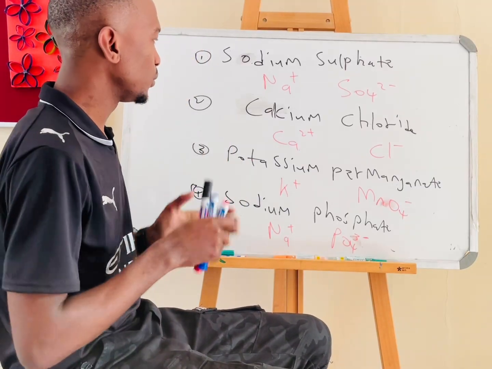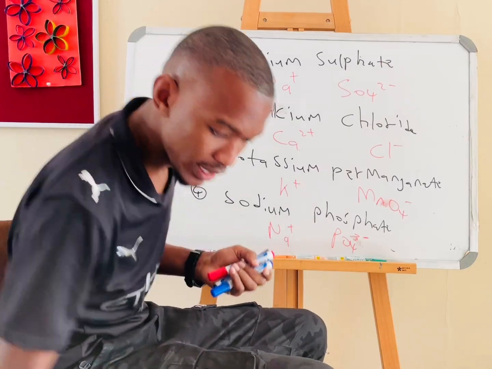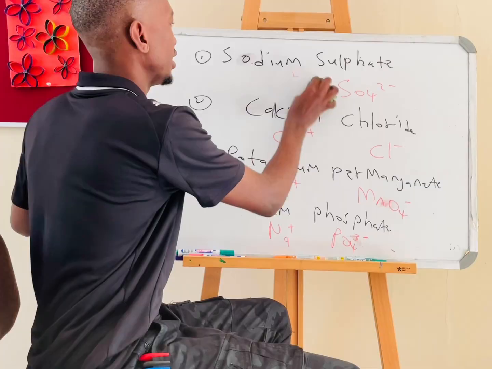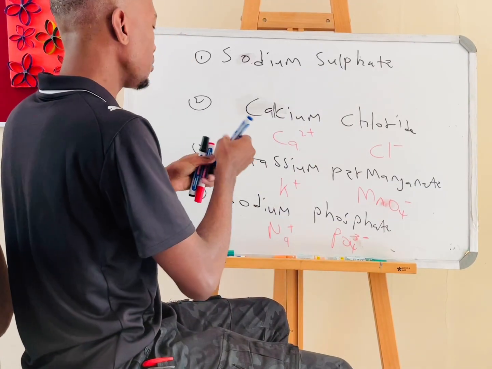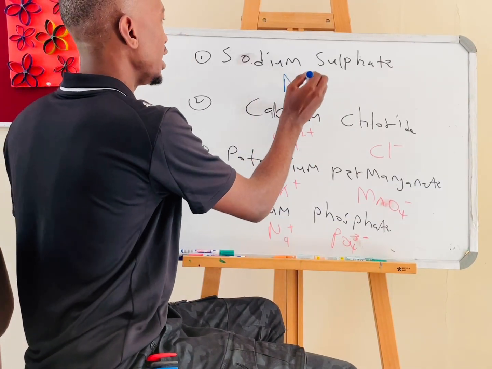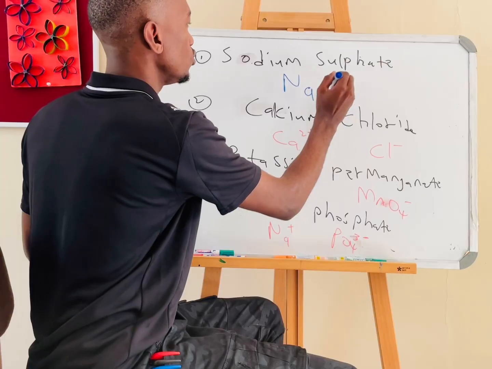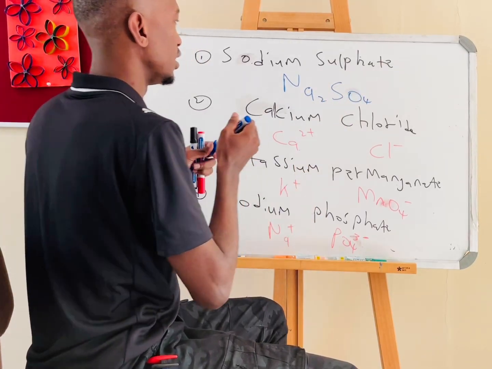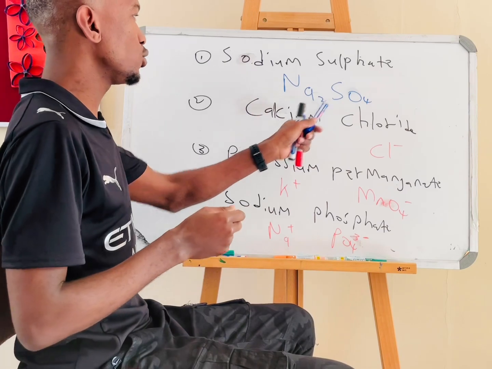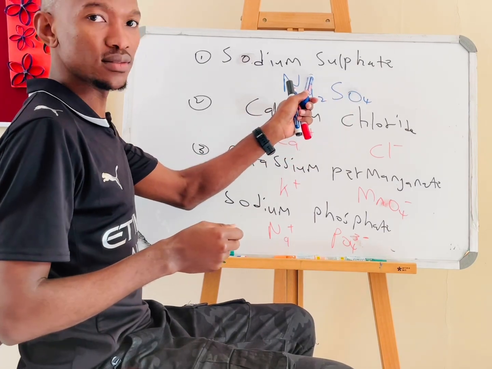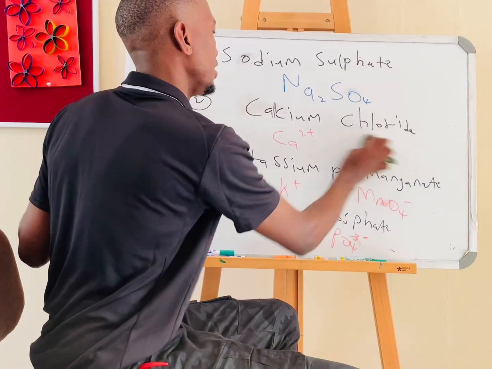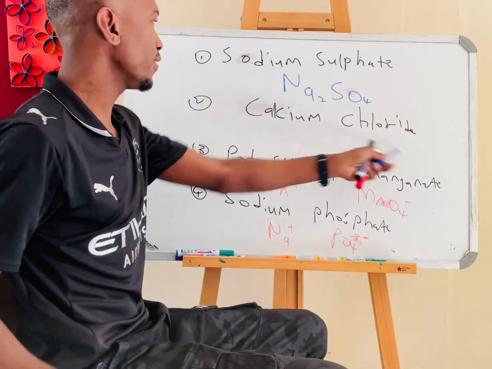You know? So let's try to give the chemical formula now. Look, guys. My formula here is going to be Na2SO4. That's what we call sodium sulfate, because the 2 comes from here and the 1, don't forget. Alright? And then here we have calcium chloride.